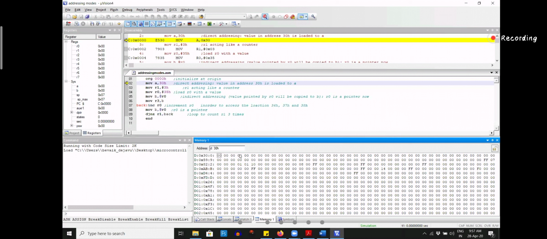By default, these values are all 0. Suppose you put some value here, let's say the value is 20. See, 20. What should be the value of A?